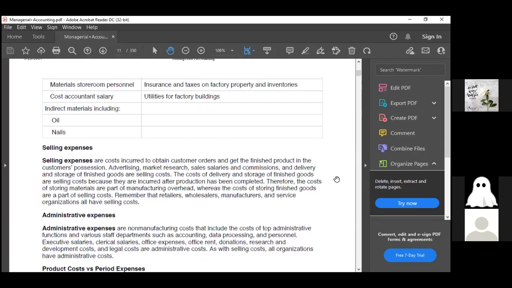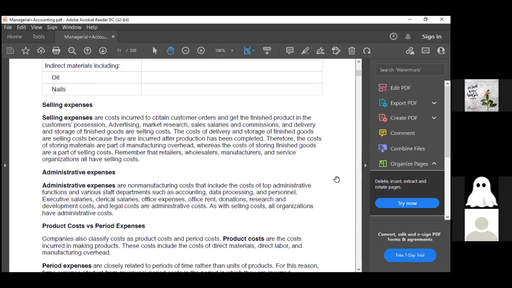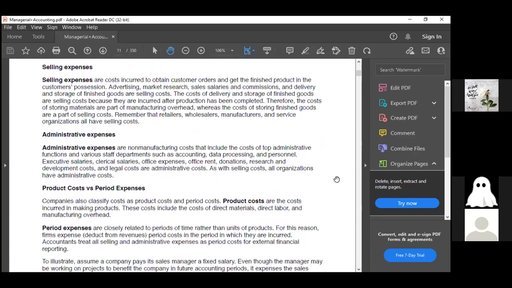Then we have selling expenses. So these expenses we have not looked at yesterday, and we will look at them now before starting solving problems. So selling expenses, they are the costs incurred to obtain customer orders and get the finished product in the customer's possession.